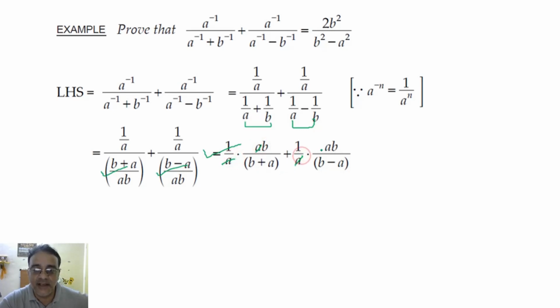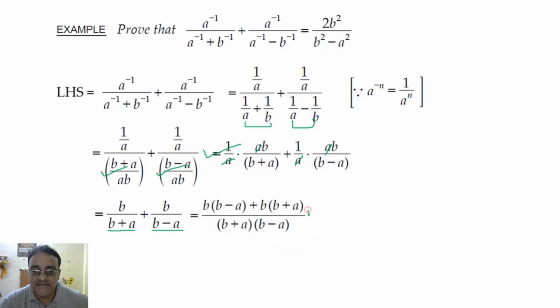Here also a and a will be cancelled and will have only b by b plus a, b by b minus a. Now again we have to take LCM. So if we take LCM, we have to take the product of these two. Okay, and b into b minus a plus b into b plus a, the numerator.